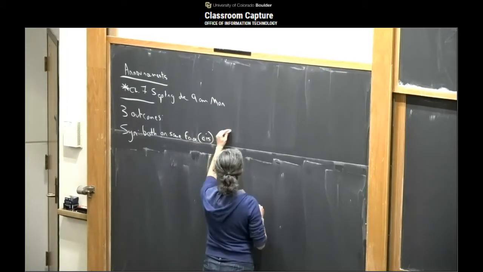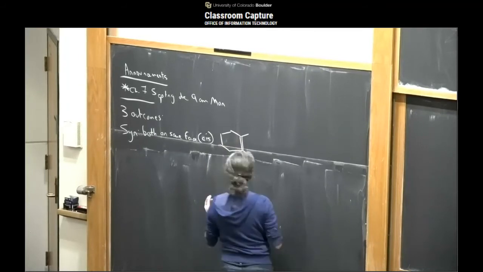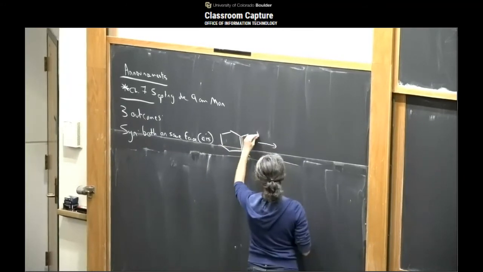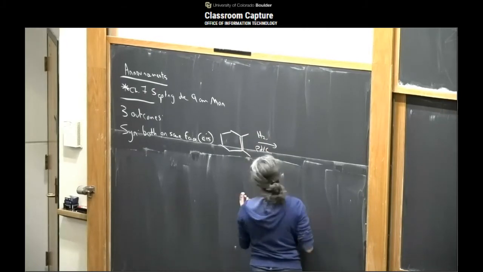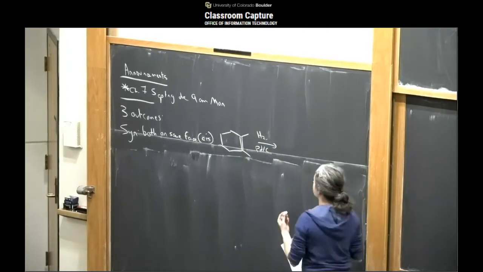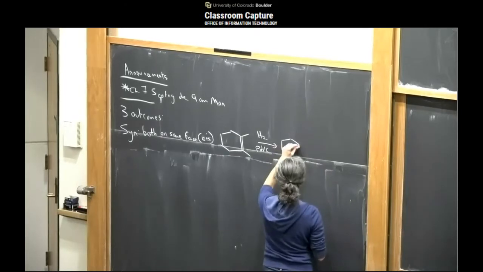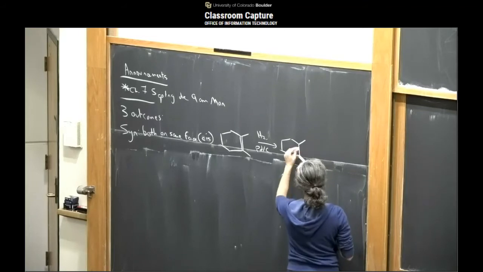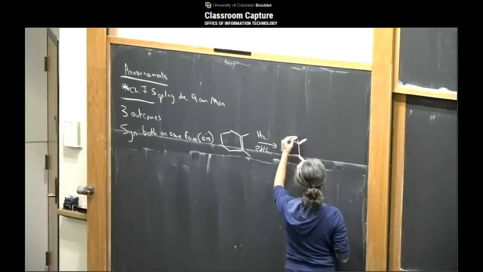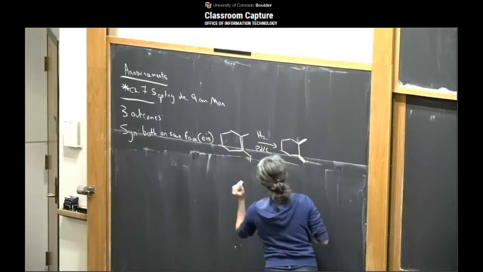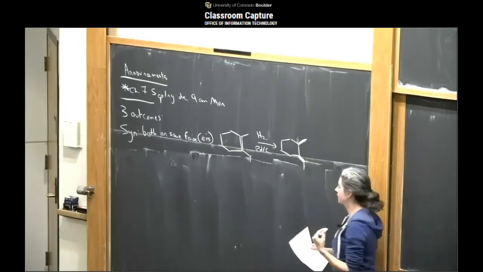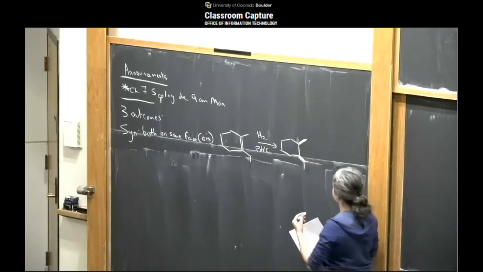So an example of that would be this with hydrogen and palladium on carbon. Both the new H's are going to add on the same face. So either both the methyls would end up bold. Actually, I'm going to add 1 extra carbon to that group for reasons that'll become clear later.